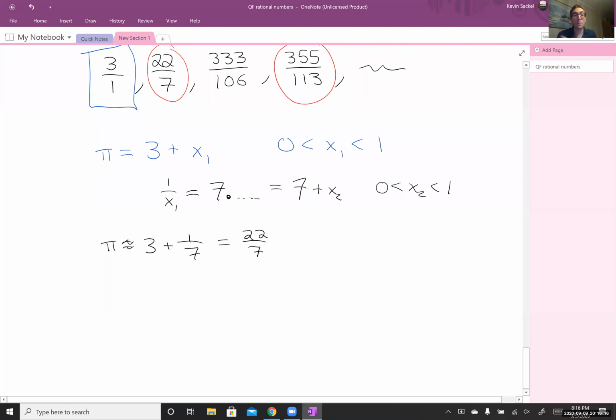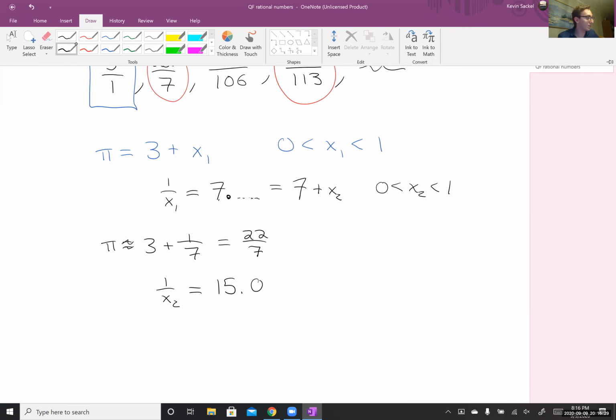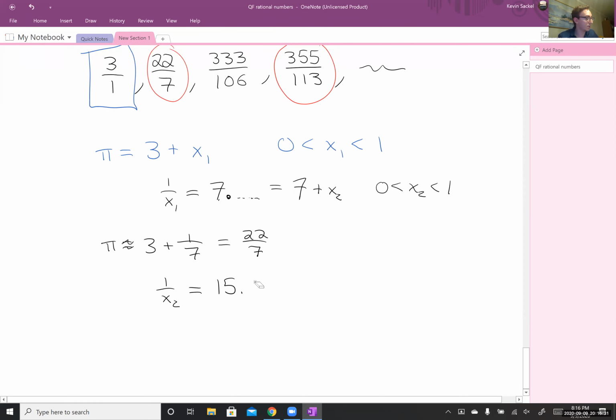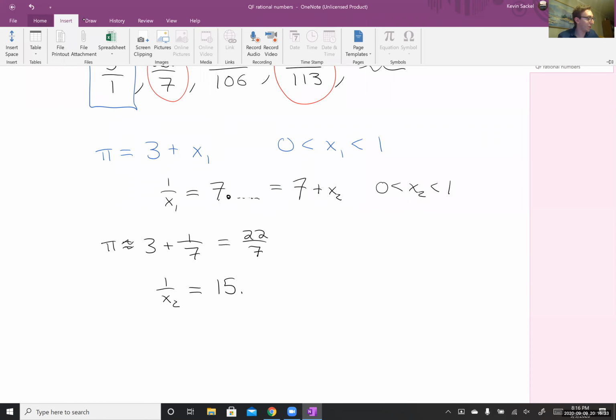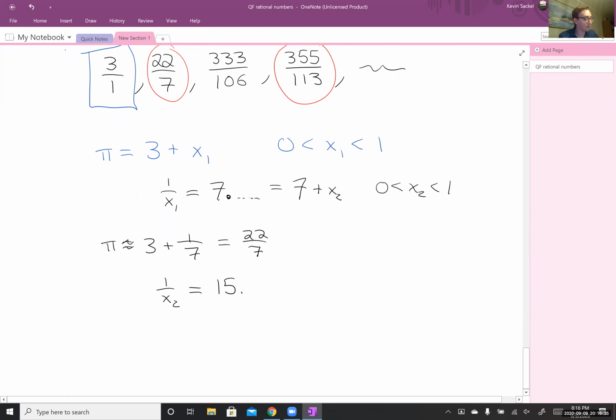But I can keep on repeating this now. So x2 is some small number, and I can think, oh, well, 1 over x2, that turns out to be 15 point something. I don't want to write exactly what it is. So it's 15 plus x3.